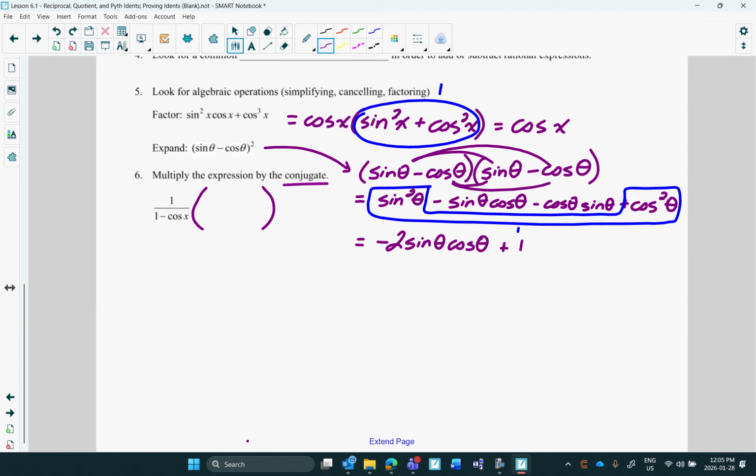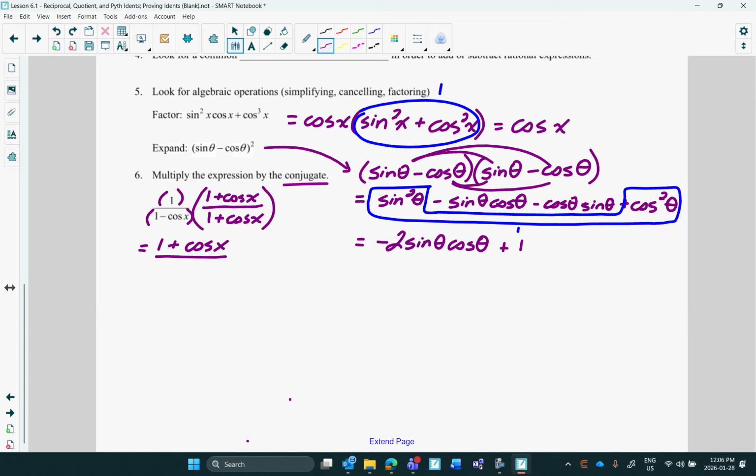Change the sign of the denominator. So if it's 1 minus cos x, we're going to multiply by 1 plus cos x, which means I have to do the same thing to the top. So what do I get up top? 1 plus cos x.